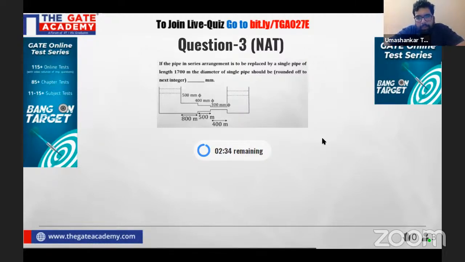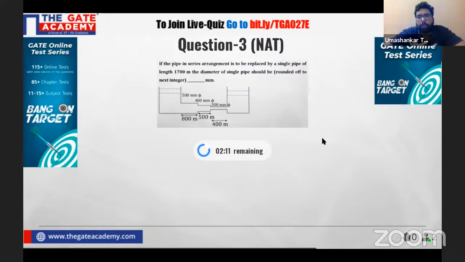So in this case, we can see 2 pipes, 2 containers are being connected by the pipe in series arrangement, right? So 2 reservoirs are there, they are being connected by the pipe in series arrangement. Pipe in series is what? So different diameter, different lengths of pipes are attached one after the other. This is what we call the pipe in series arrangement, right?